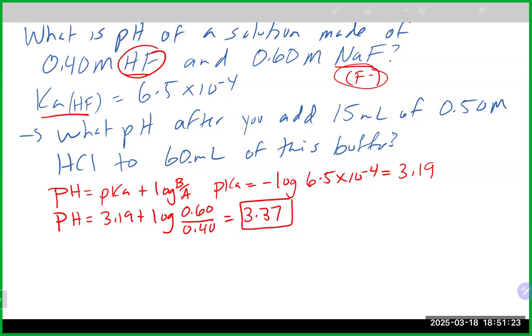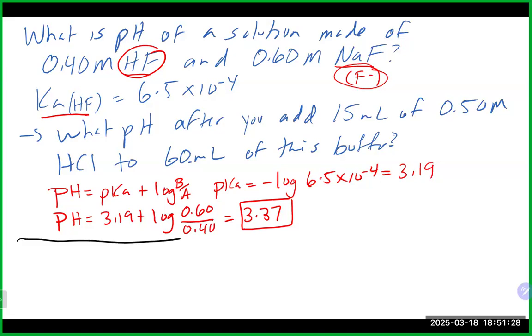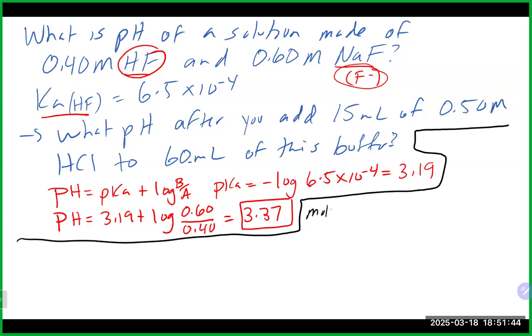Now for the second part, we're going to take this buffer and add some acid to it. So that automatically tells you you're adding volume. So you do really need to do an ice table to figure out how the buffer is going to change. And you need to do that in moles, as we talked about. So really the first thing I'm going to do here is just get the moles of everybody. So for my HCl, we're going to take 0.015 liters, which is converting our volume into liters from milliliters, times 0.5 moles per liter.